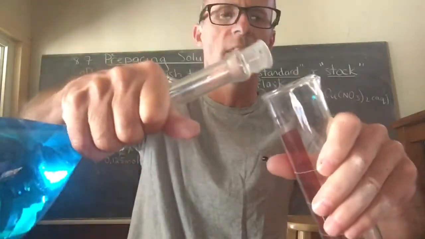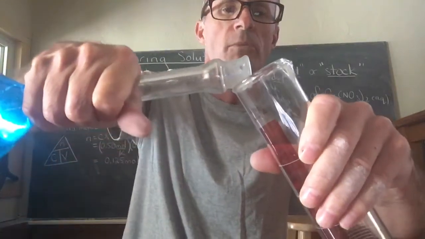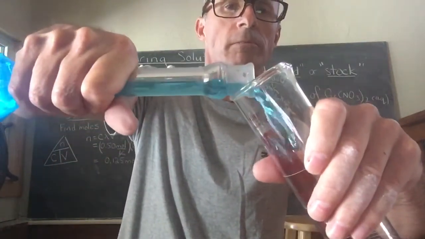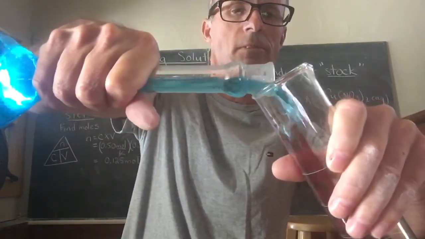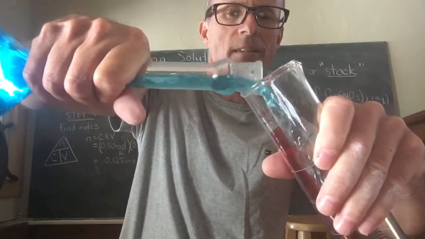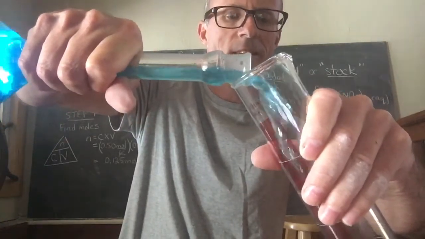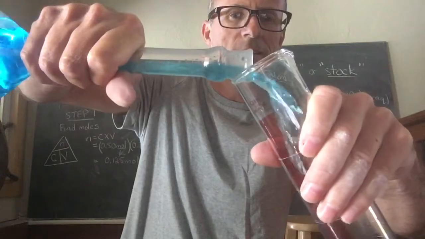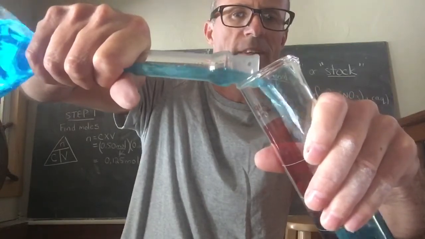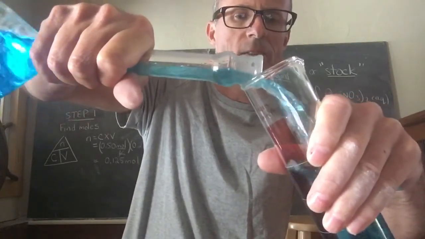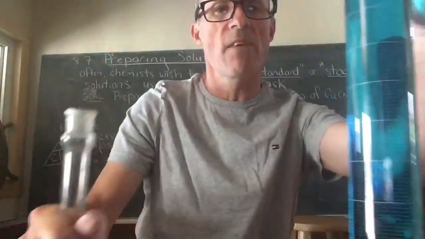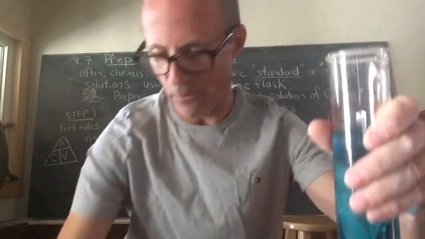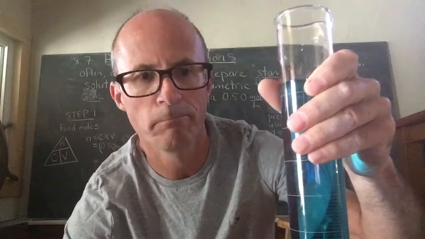So let's end our video with that beautiful sound that is music to a chemist's ears. Here we go. Love that sound. We're almost there. Okay, so there's about 500 mils, and I've successfully created my solution.